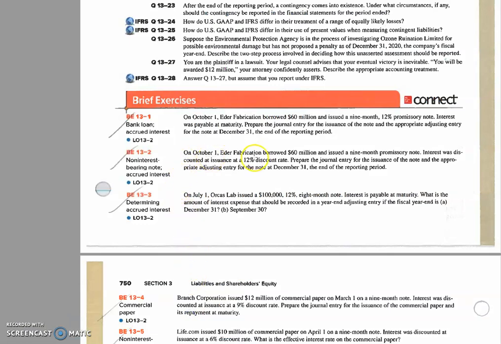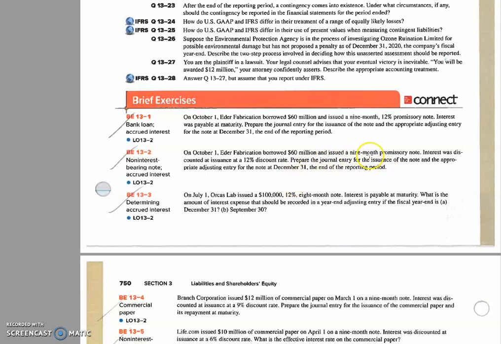On October 1, Eder Fabrication borrowed $60 million, issued the 9-month promissory note. Interest was discounted at issuance at 12% discount rate. Prepare the journal entry for the issuance of the note and the appropriate adjusting entry for the note at December 31, the end of the reporting period.